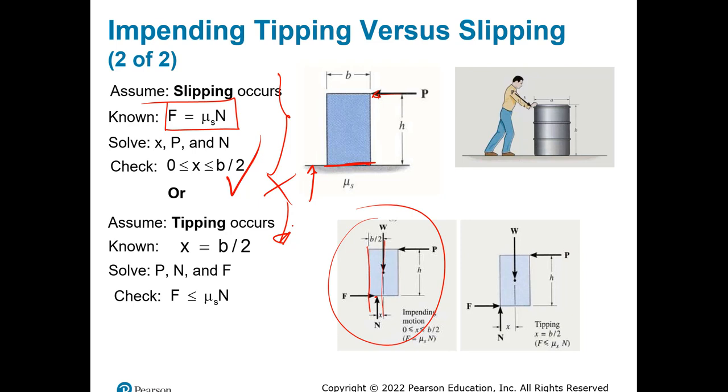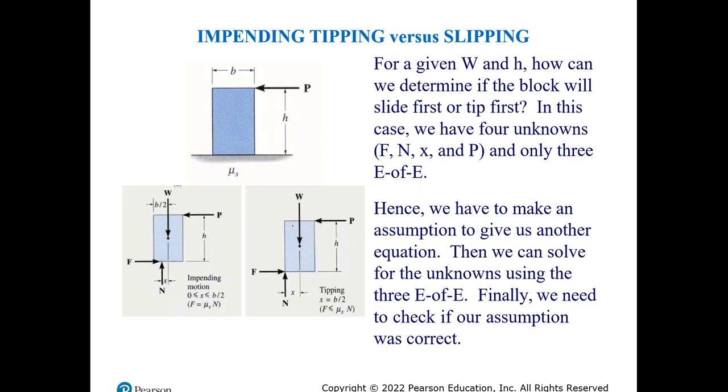Let me show you something. Let me just go back to this. Let's assume that you have tipping, and I'm trying to explain this in the best possible way. It might not be the best explanation, but at first you have this. Right here, if it's sliding, you have your normal force, and the normal force will be like this.